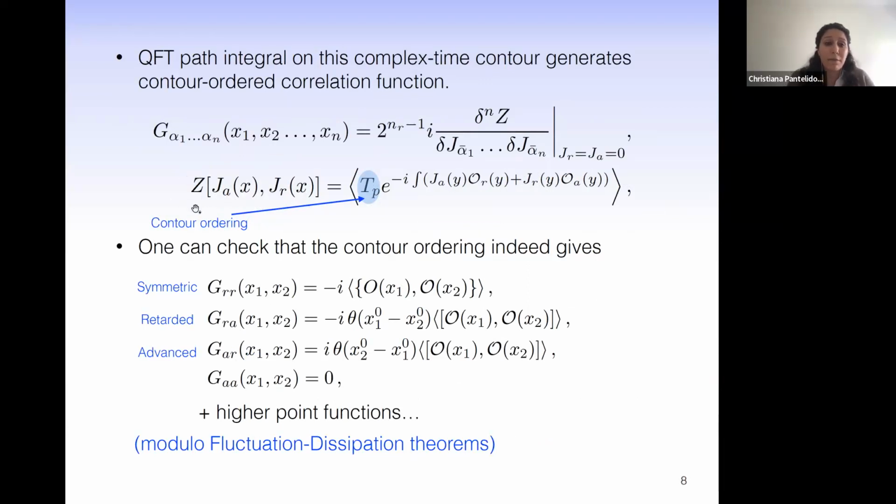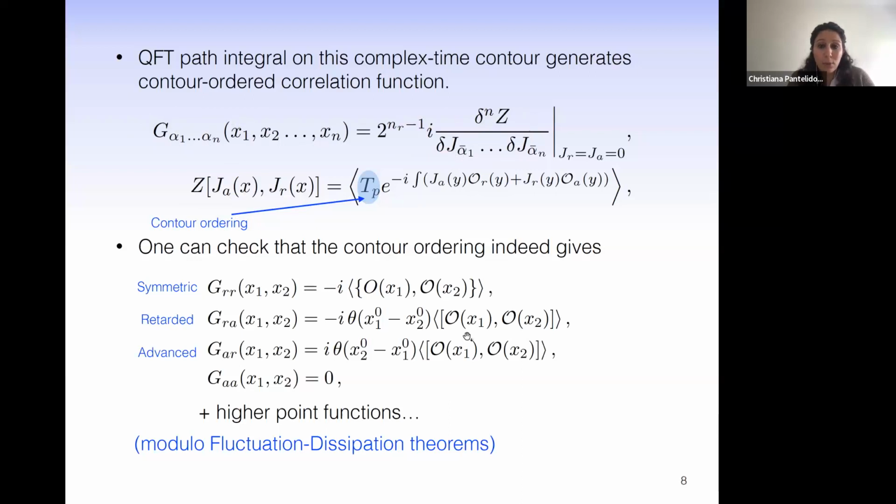If I vary this generating function with respect to the sources JA and JR in this particular way, I get the corresponding correlation function.